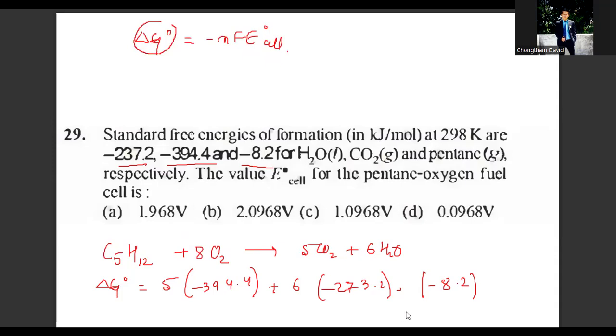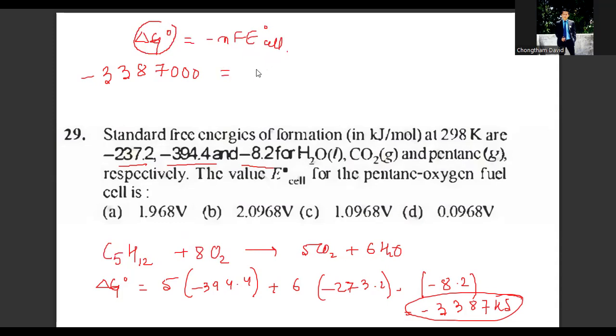So what would be the answer for this? It is minus 3387 kilojoule. So from this, you convert to joule. Now you have already got 3387. Multiply with 1000, you will be obtaining 338700. A negative quantity comes here.